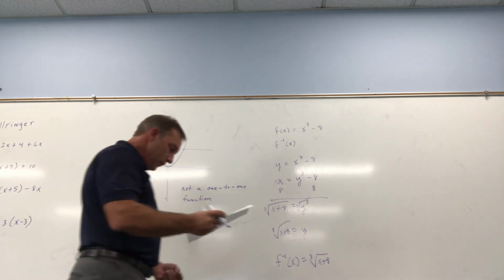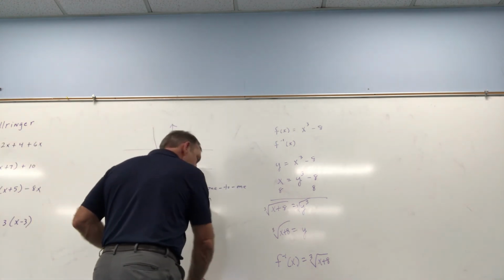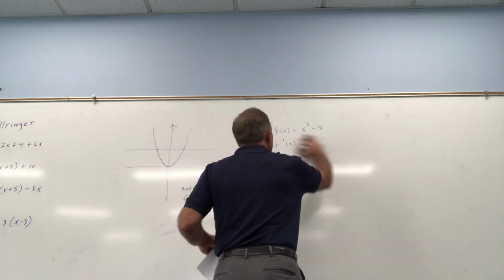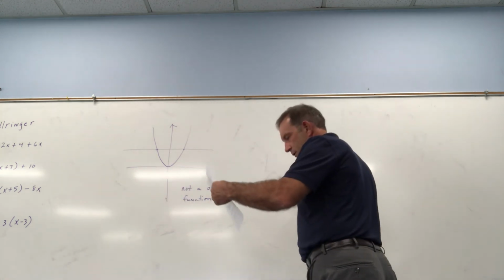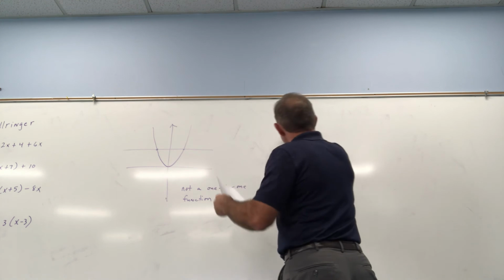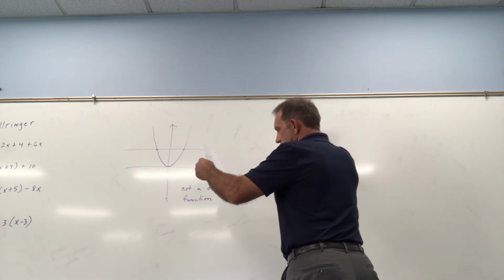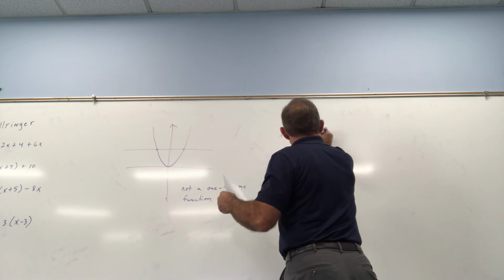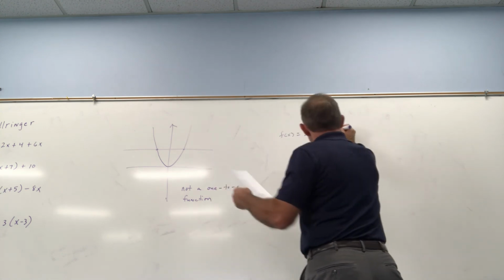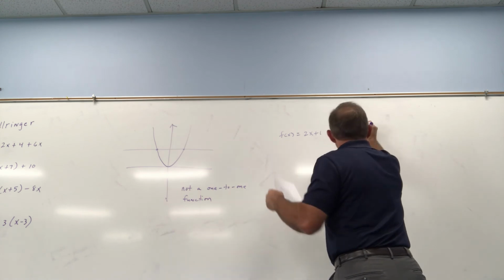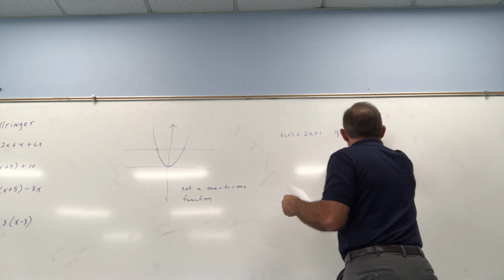And then the last one, we were going to show algebraically that these are inverse functions. So one of the functions is 2x plus 1. The other function is x minus 1 over 2.